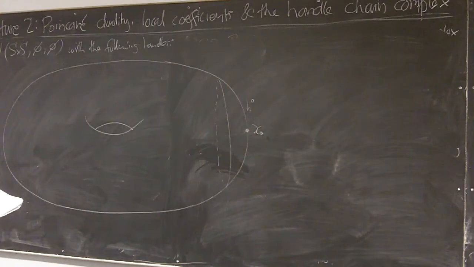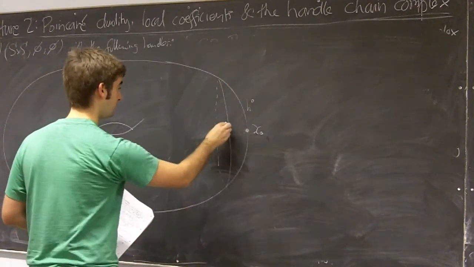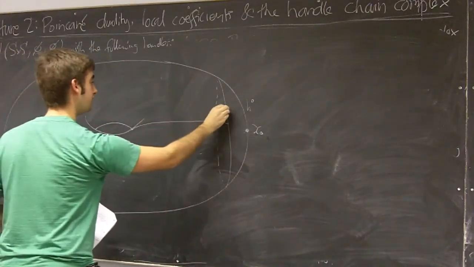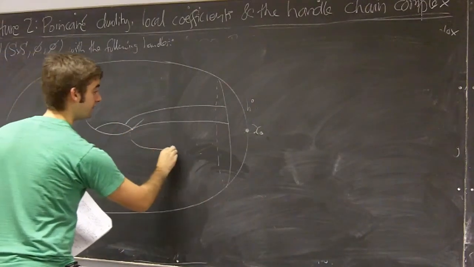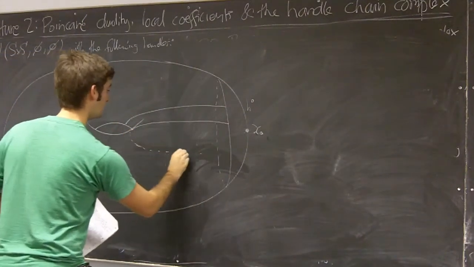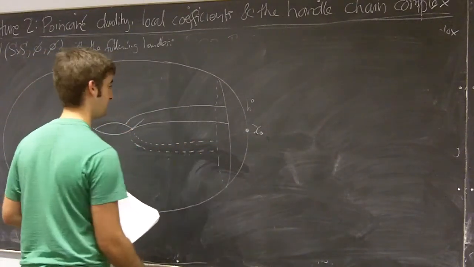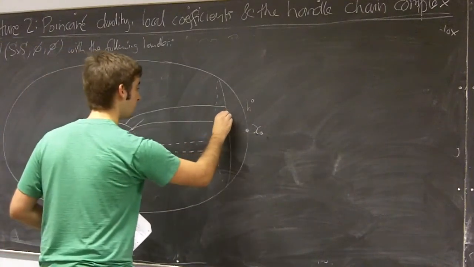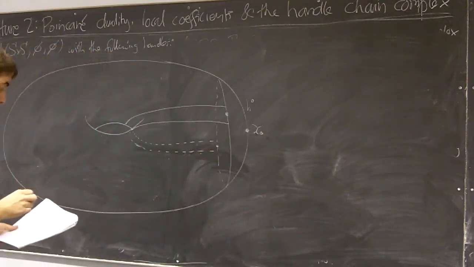Then to this we attach a 1 handle, which is a D1 cross D1. And this is going to go through here, through the hole, and attach on the other side. This is attached, the attaching sphere are these 2 points.